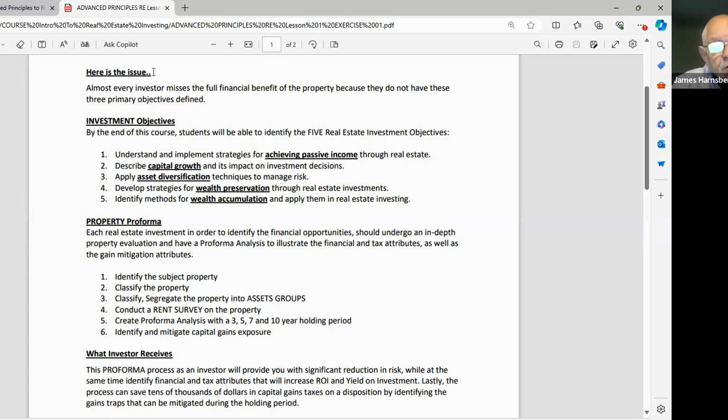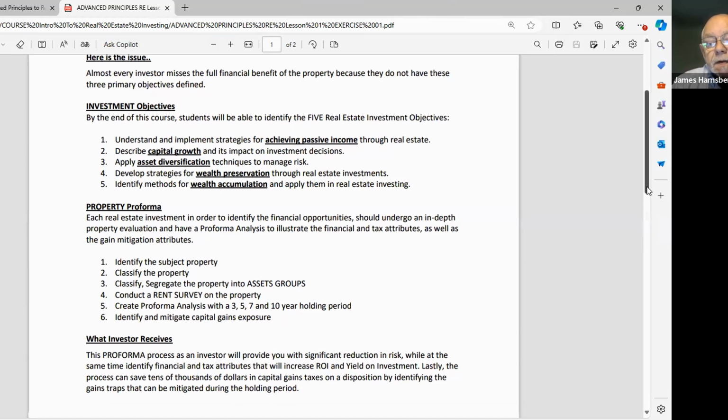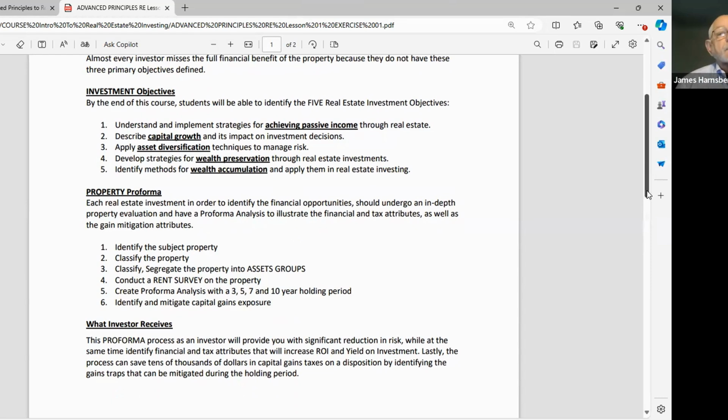So the pro forma process as an investor allows you to step up your game and lean in, not from an amateur standpoint, but as a professional, sophisticated investor. This will provide you with significant reduction in risk, allow you to do better risk management, while at the same time identify financial and tax attributes that will increase your return on investment, your internal return on investment, your yield on the investment, your return on equity, and your return on capital.